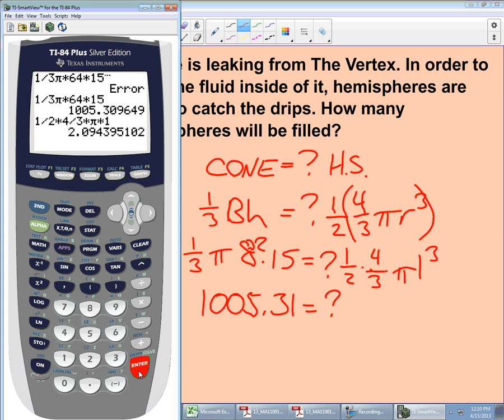And you got 2.09, something in the ballpark. Obviously, it's going to take quite a few of these hemispheres if each one only has 2.09. But let's see how many of them it'll actually take.